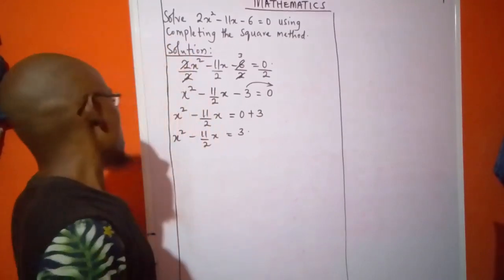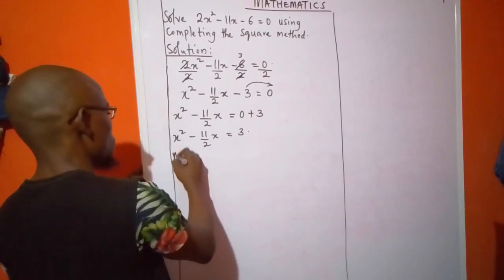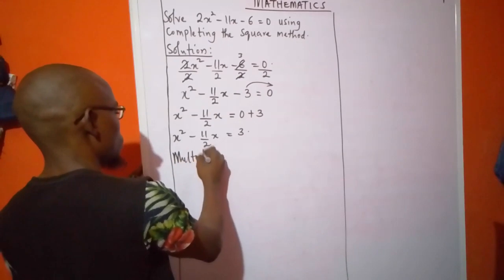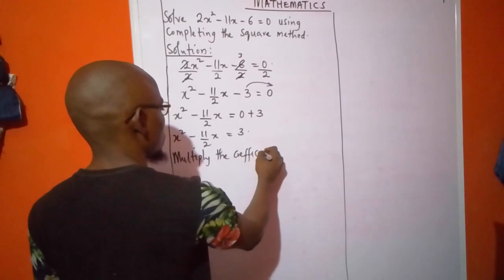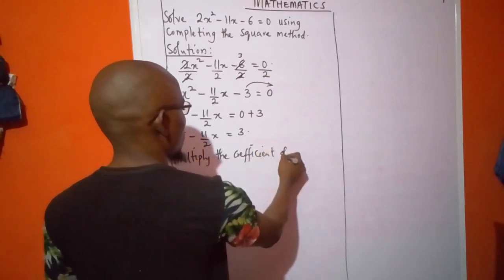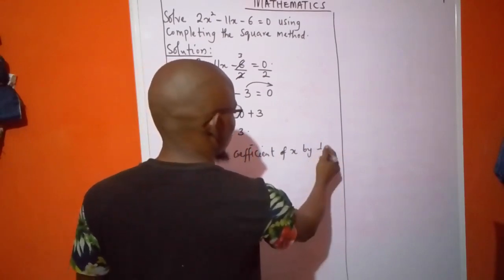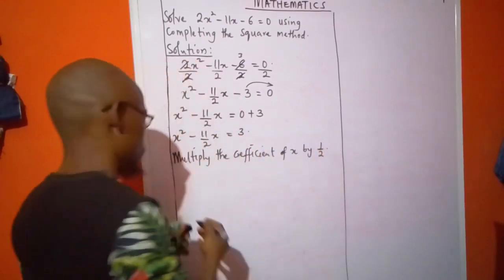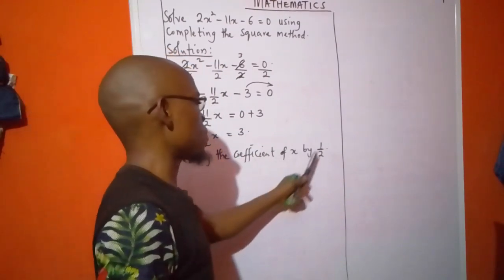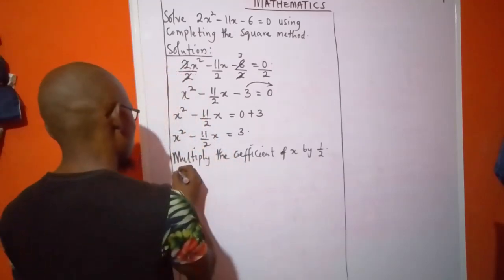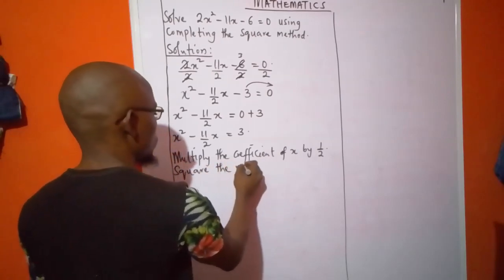The first thing we have to do in step 3 is to multiply the coefficient of x by 1 over 2, and then square the result.